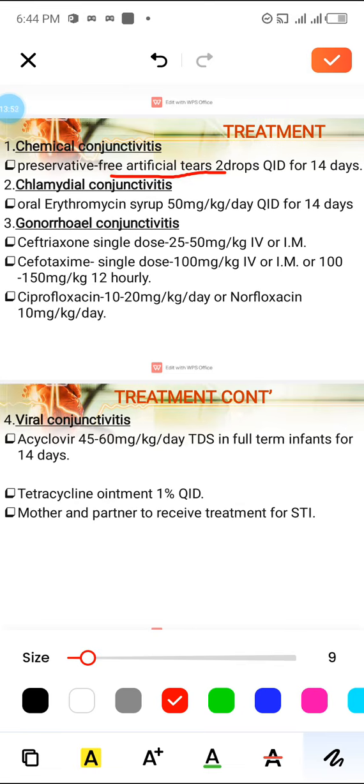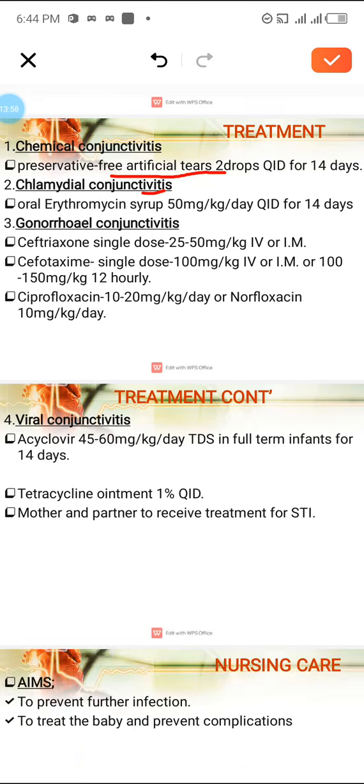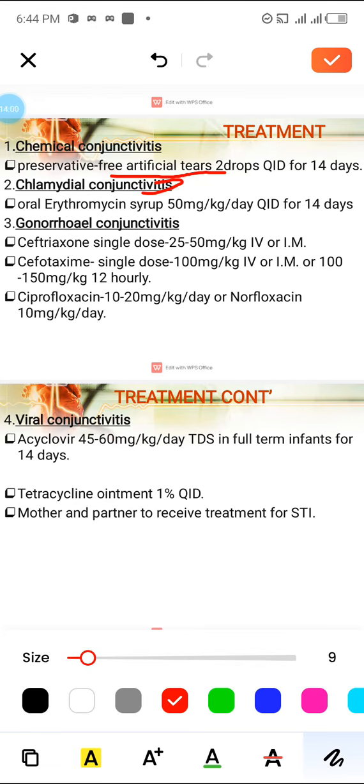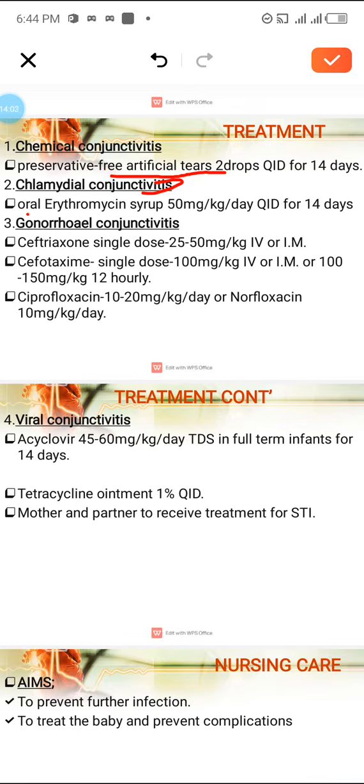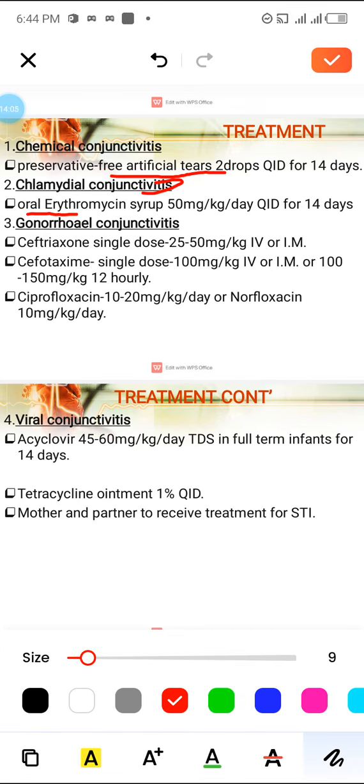What about if you discover that after a swab, it's chlamydia or chlamydial conjunctivitis? What should you do? You're going to give oral erythromycin syrup 50 milligrams per kg body weight per day, QID for 14 days. So you give erythromycin for chlamydia.